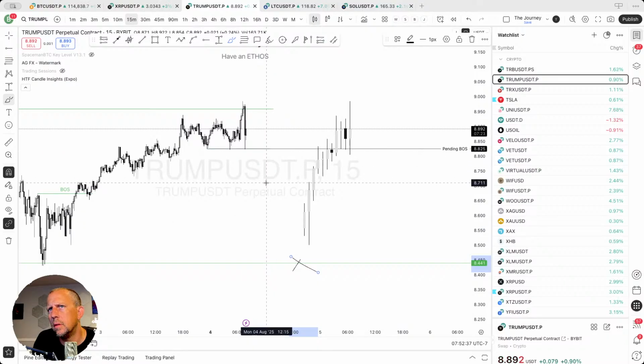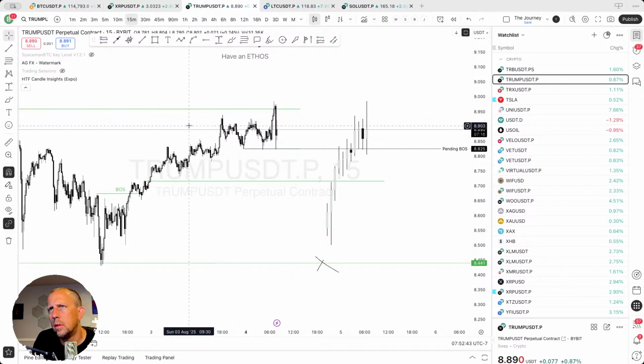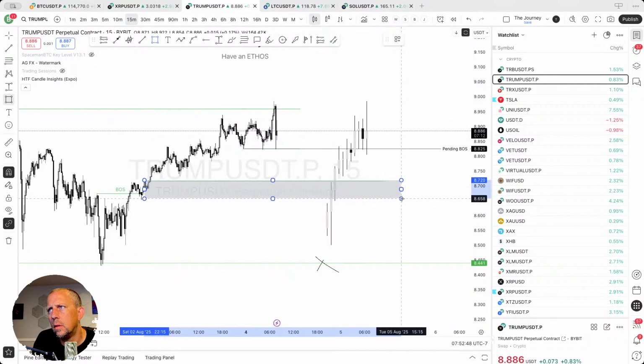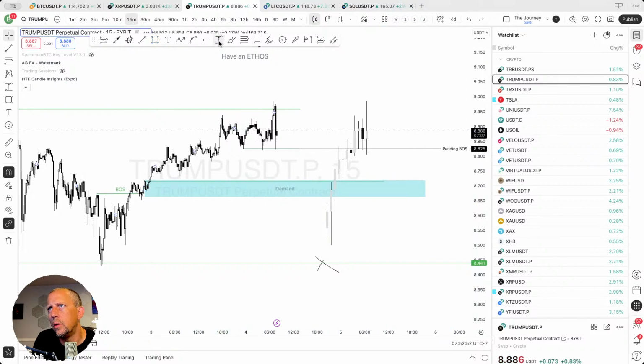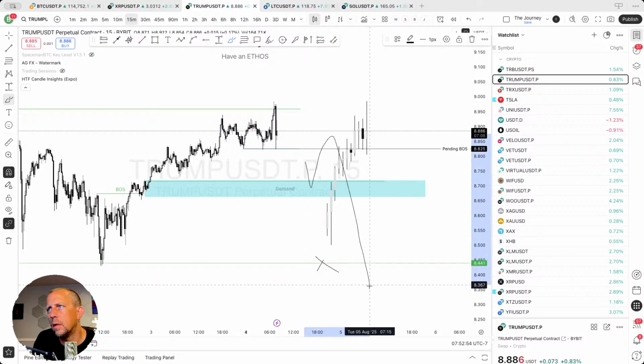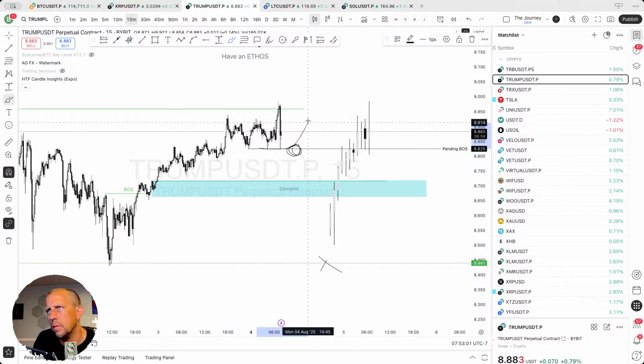There's still a little bit of support down here in this range. So if we did get to here, I would expect lower high, lower low still. But what I'm trying to say is I'm just not so convinced that this is going to break.